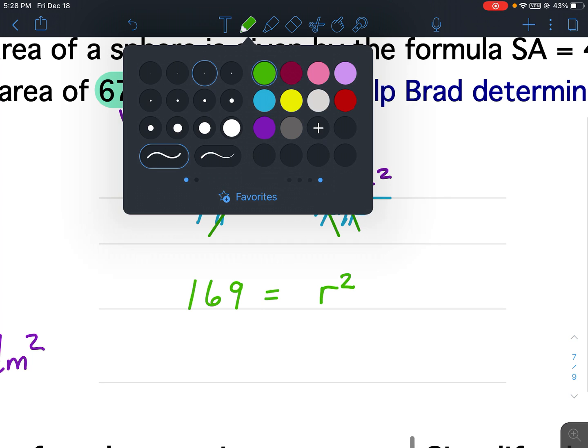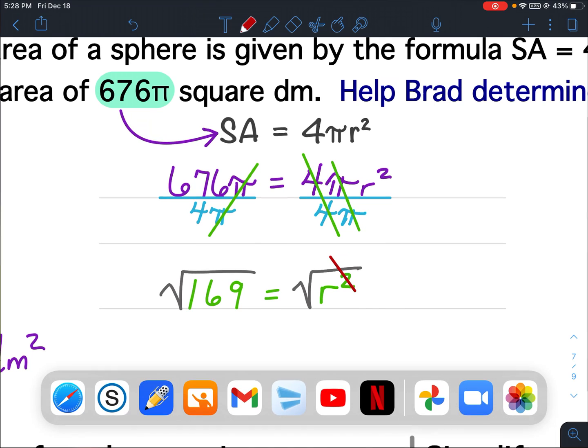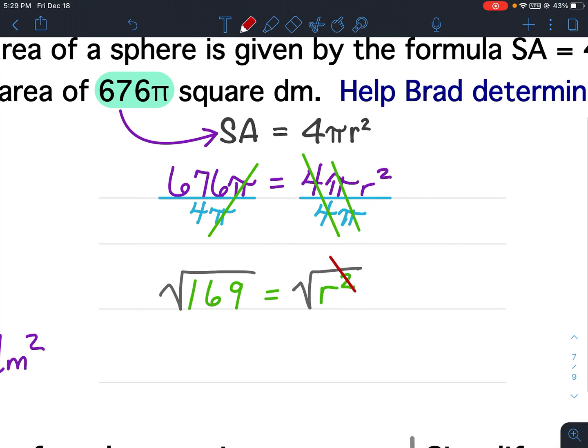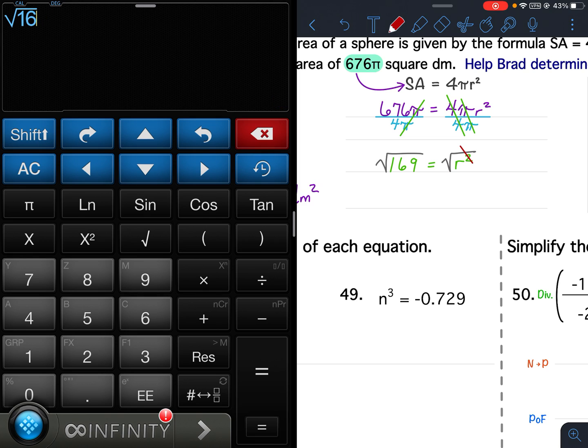Now, again, ultimately I want to get r by itself. So that means I need to get rid of the square. And the inverse to squaring a number is to take the square root of both sides. So the square root of 169 is 13.